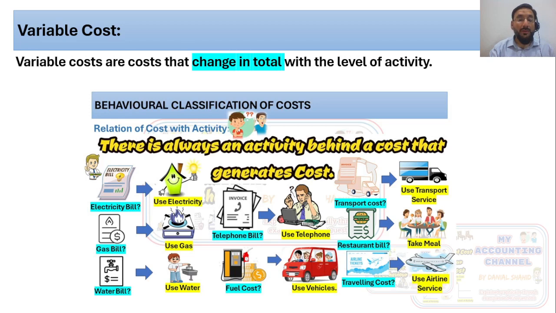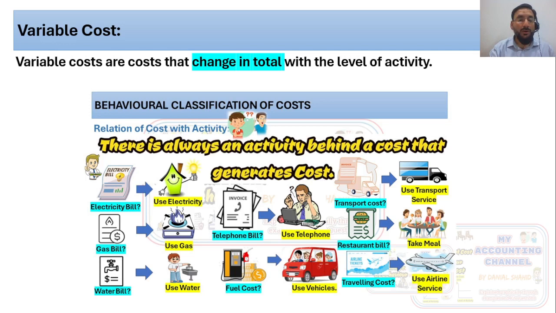Why we pay the restaurant bill? Because we take meal at restaurant. And why we bear traveling cost of airlines? Because we use airline services. So you have seen there are probably 8 examples that all the costs are due to certain activities, and those activities are responsible for the costs.